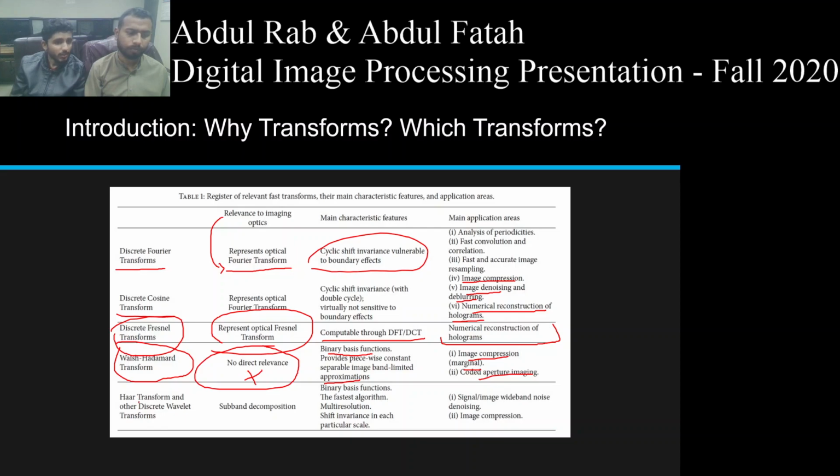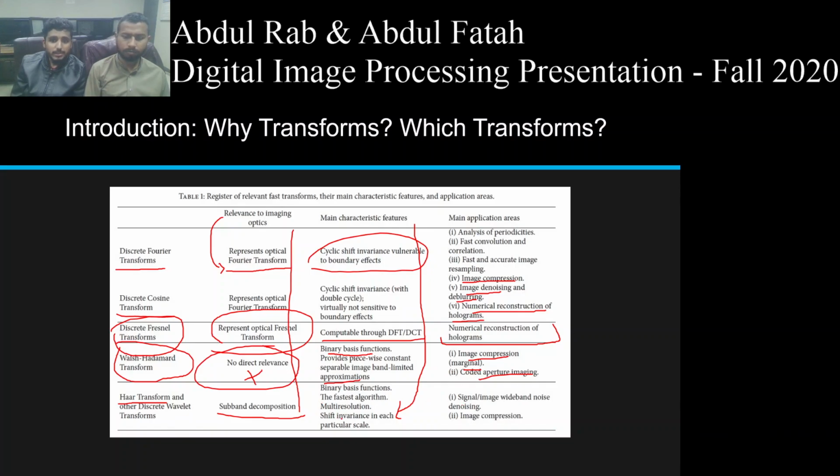And then we still have the Haar transform and the discrete wavelet transform, which is subband decomposition. Its characteristics are binary basis functions and the fastest algorithm, multi-resolution, shift invariance in each particular scale.